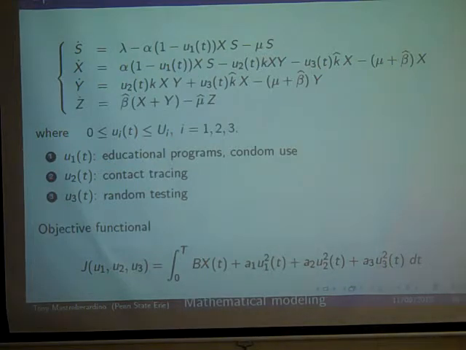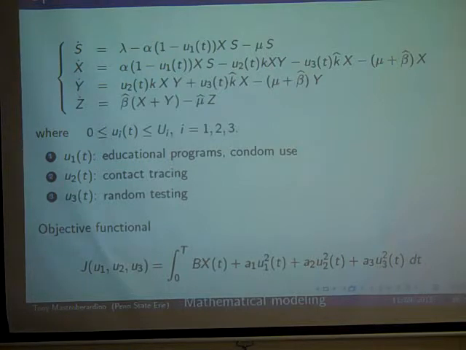The idea is to construct an objective functional and to minimize this objective functional. As far as what the objective functional looks like, we want to minimize the cost of this control. So you see the u's all being squared, and that's standard. Basically, once you go to characterize the control, it makes things easier if you square the controls.